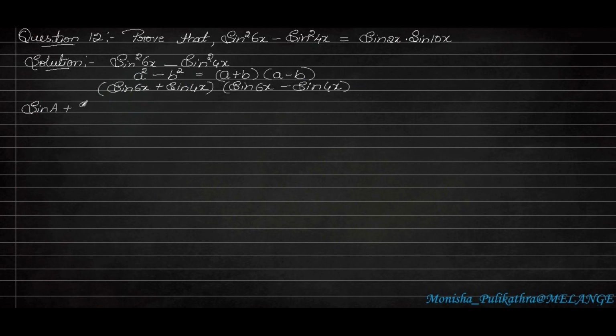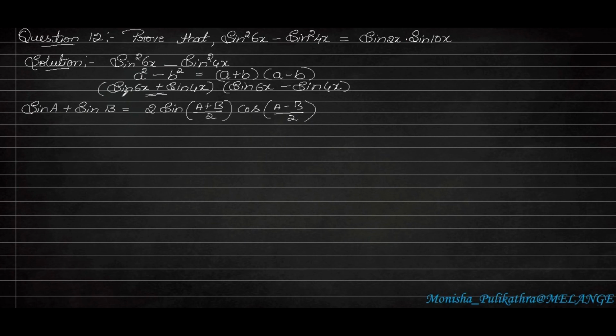Sin a plus sin b is equal to 2 sin (a plus b) by 2 into cos (a minus b) by 2. So this is the formula for sin a plus sin b.